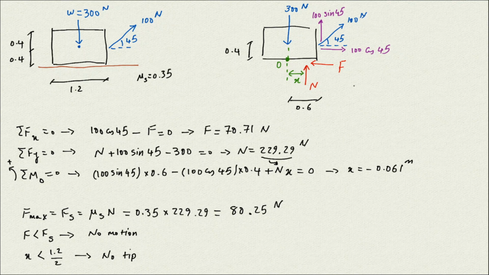That's not going to happen, because the box is going to tip and rotate. So x is less than half of the length, therefore there's no tipping. It's smaller than the Fs, so there's no motion in this case. It's going to stay there, and there would be a balance.